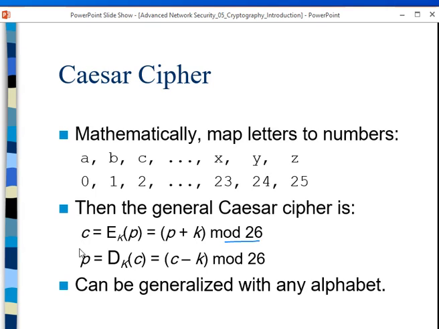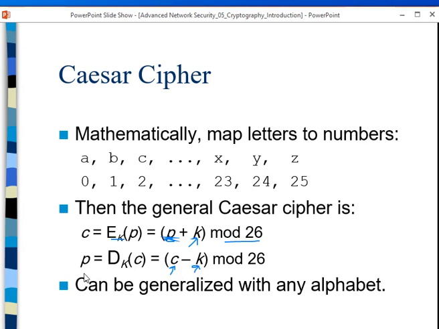The cipher text is encrypted by the key, which means that you need to shift your plain text, your letter, by the key K. And for decryption, you need to do the inverse: the cipher text minus K, where K is your secret key.